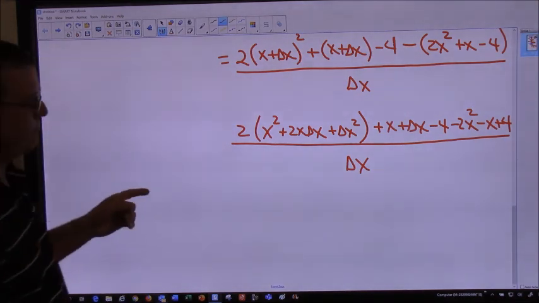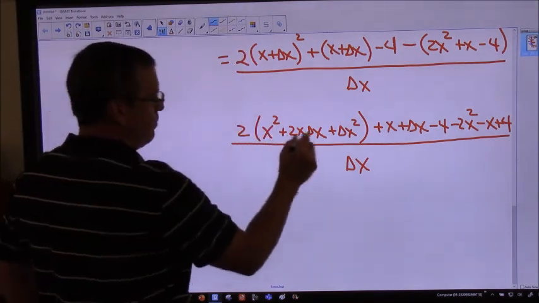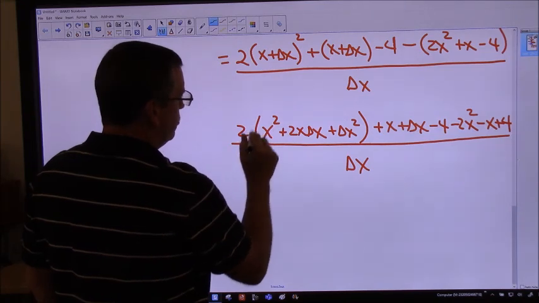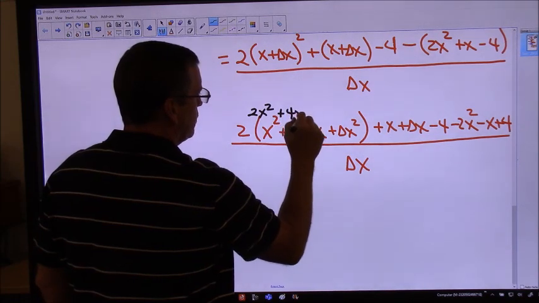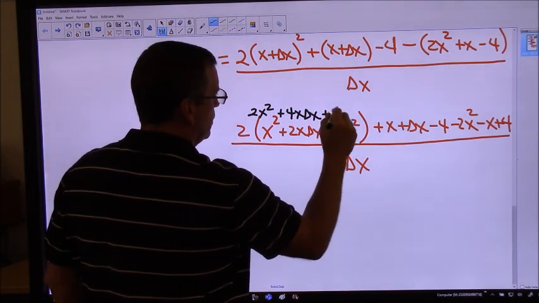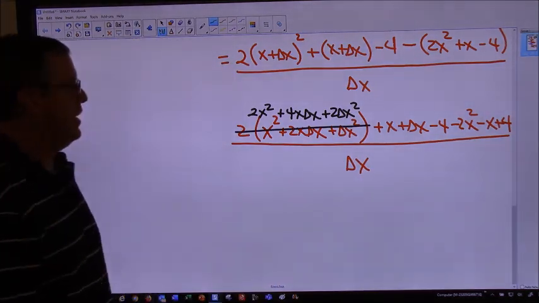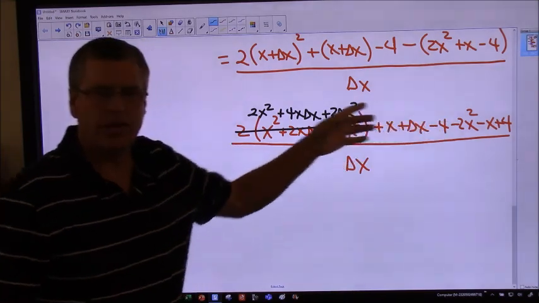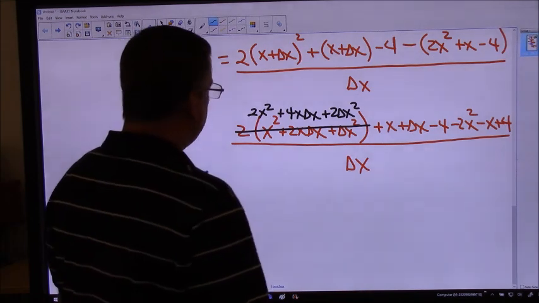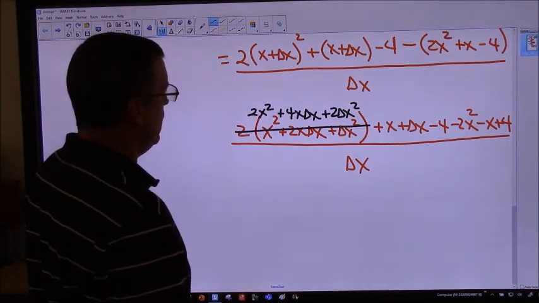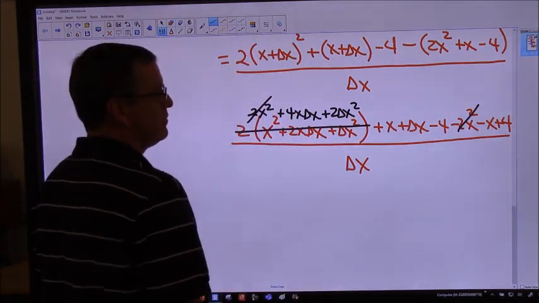So I don't have to copy the whole thing over, I'm just going to quickly write here: if I distribute a 2, this is going to be 2x squared plus 4x delta x plus 2 delta x squared. I'm doing that because now I can add like terms together without having to copy the whole thing over. So let's see, I've got a positive 2x squared here and a negative 2x squared there.